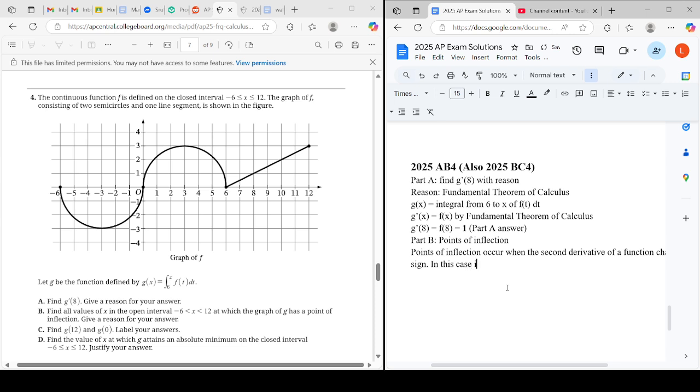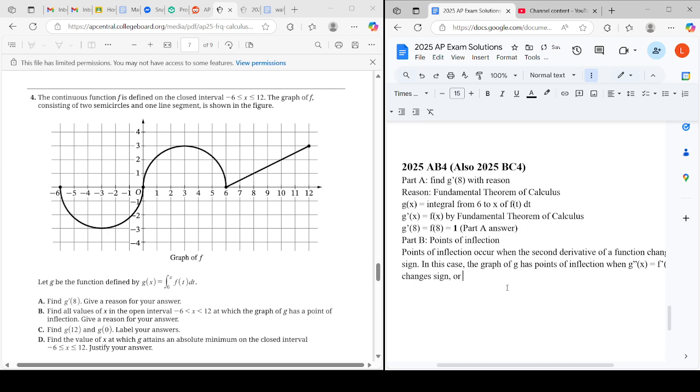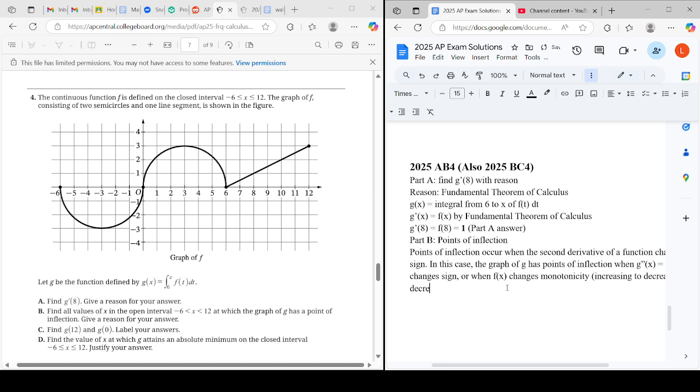In this case, the graph of g has points of inflection when g double prime of x equals f prime of x changes sign, or when f of x changes monotonicity, increasing to decreasing or decreasing to increasing.